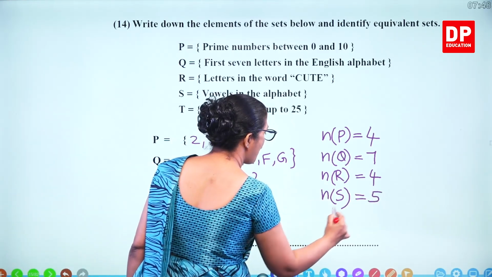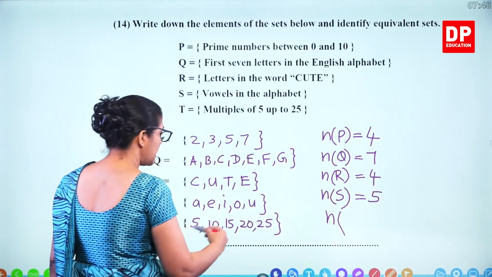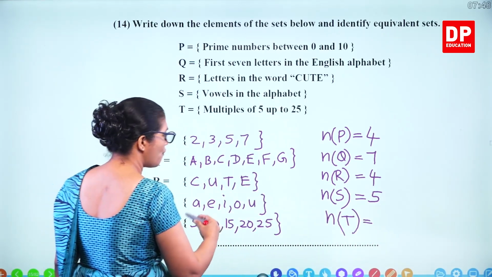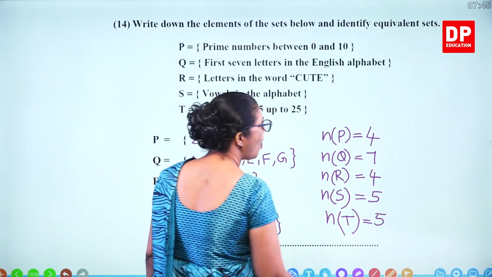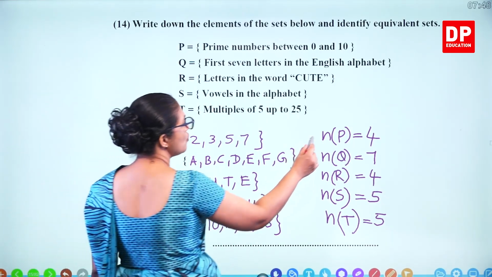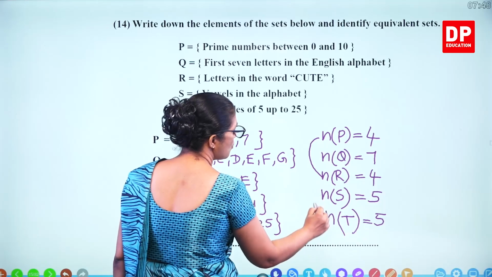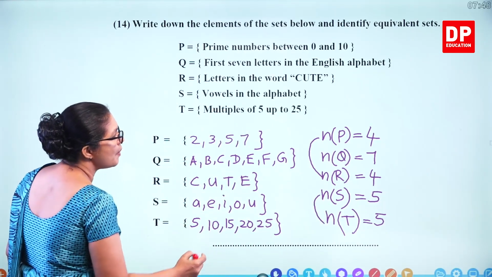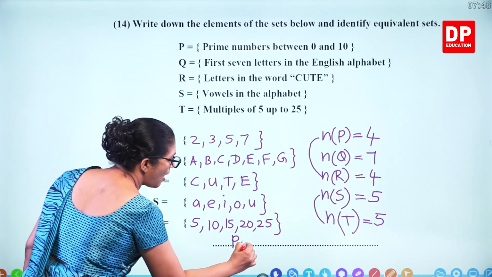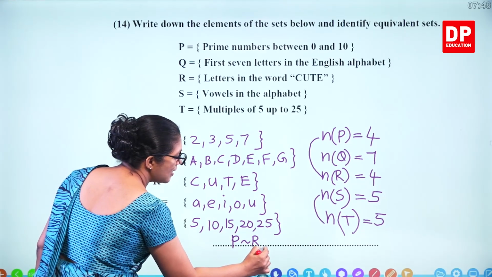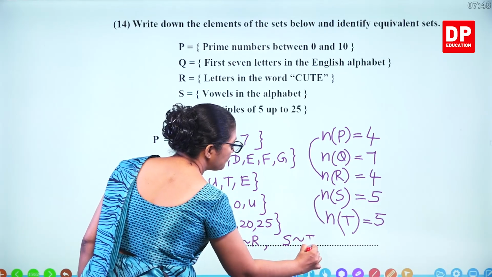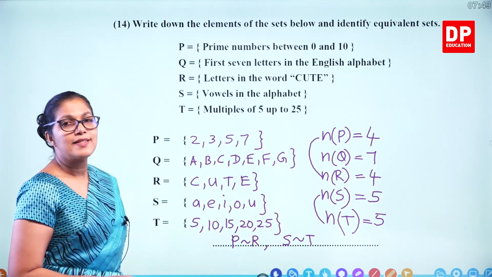Number of elements in T. 1, 2, 3, 4, 5. Now identify equivalent sets here, these two and these two. So you can say P and R are equivalent sets, and these two, S and T, are equivalent sets.